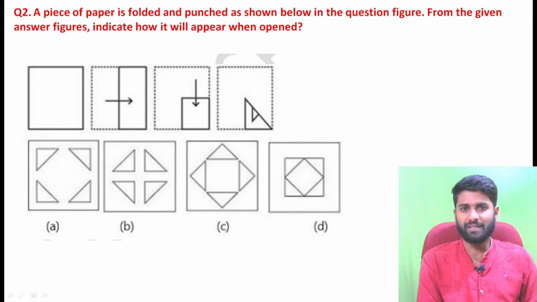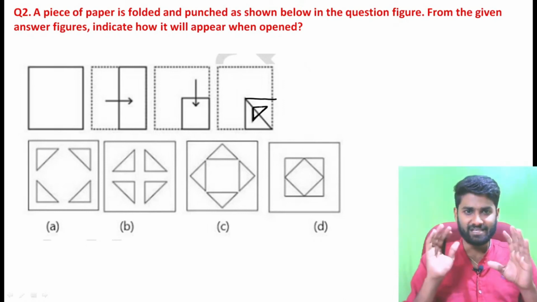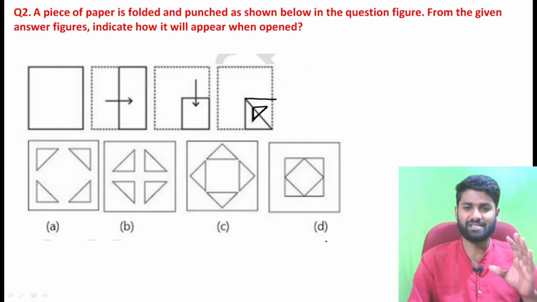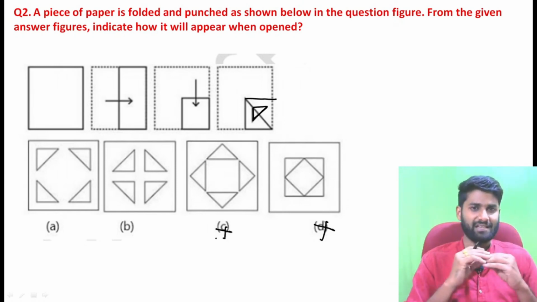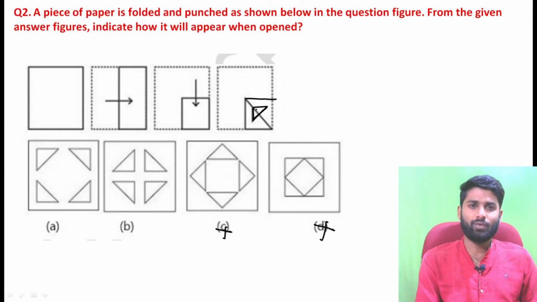Now, if you open in this direction, the figure can be indicated exactly. See, guys, it seems to be a triangle. We want a triangle shape, which means definitely D is eliminated, C is eliminated, guys. We want the triangle in the diagonal. Now we can open like that, guys.